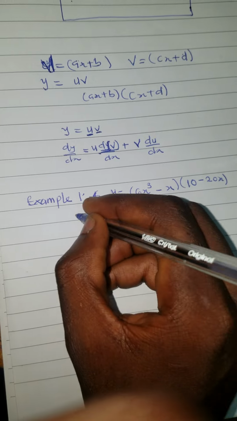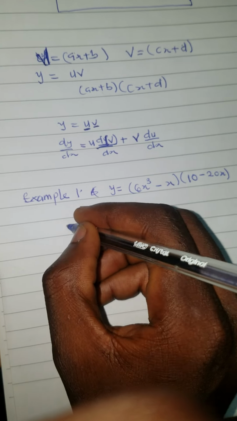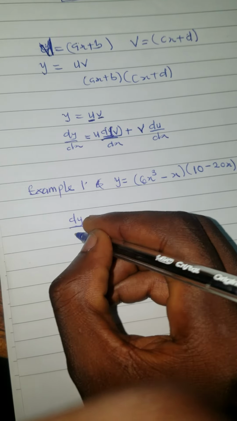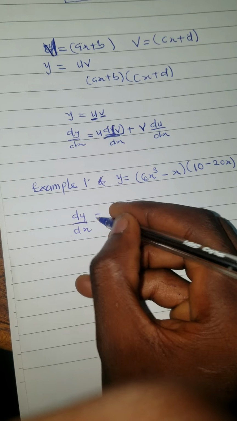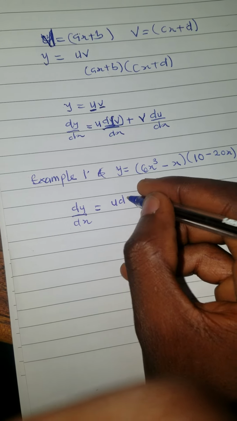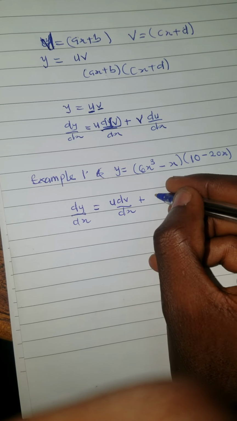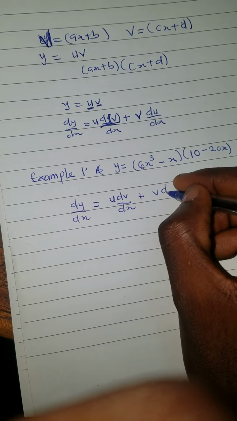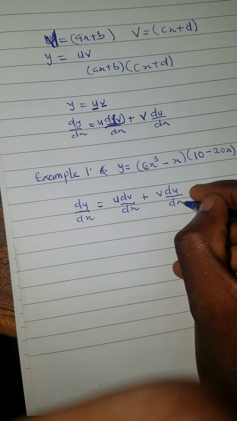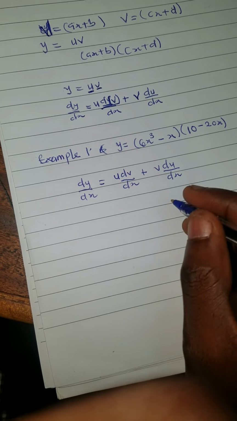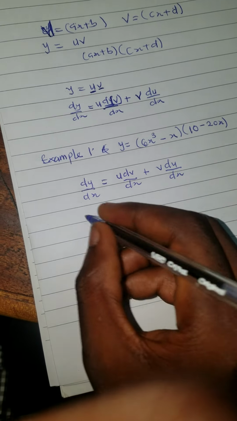We know that the product rule states that dy/dx is equal to u dv/dx plus v du/dx. So please just keep the formula in your head.